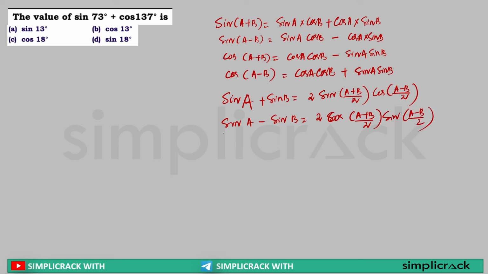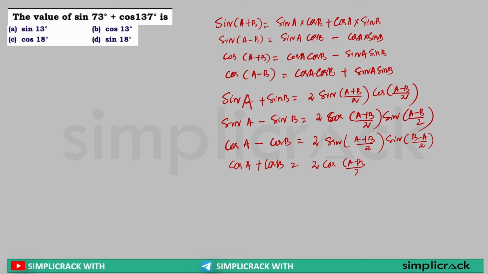Clear? If it is written as cos A minus cos B, 2 sine A plus B by 2 into sine B minus A by 2, or if it is written as cos A plus cos B, it will be written as 2 cos A plus B by 2 into cos A minus B by 2.